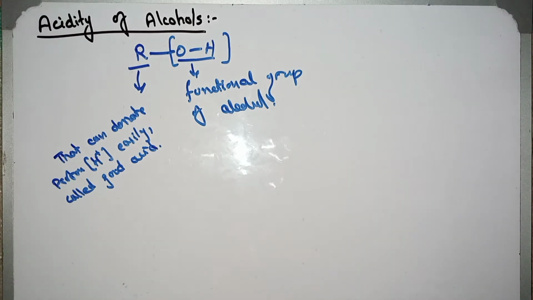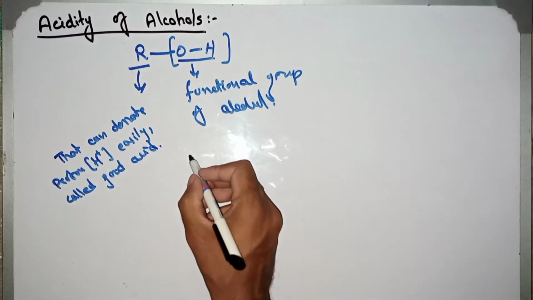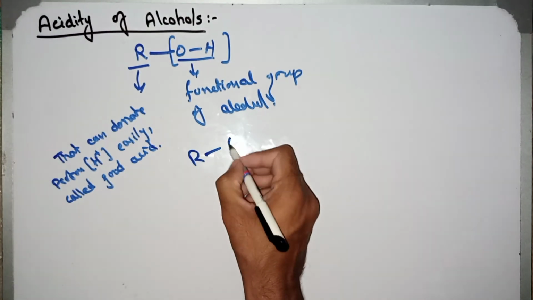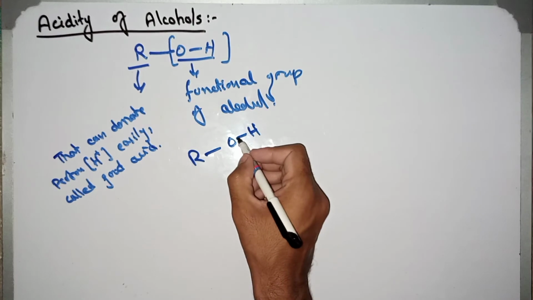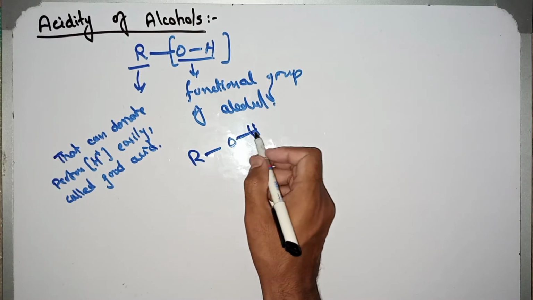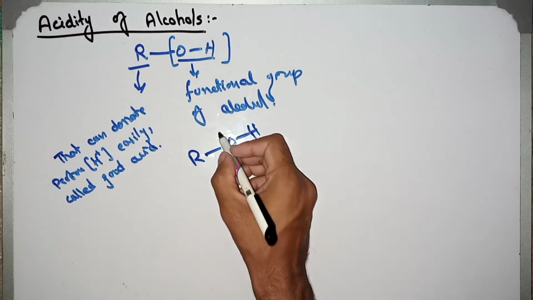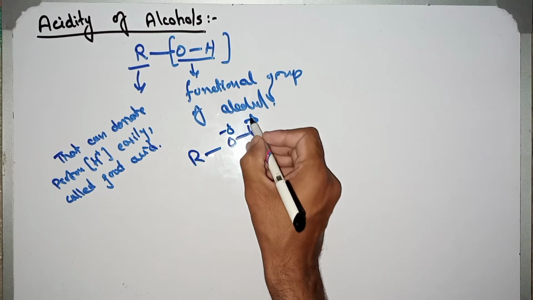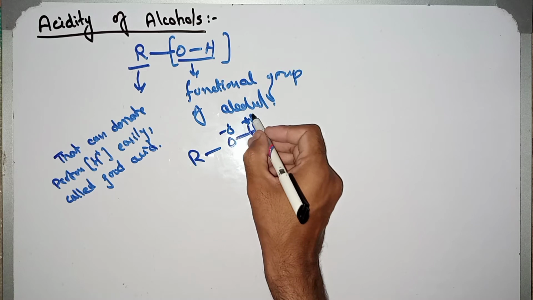So in case of acidity of alcohol, where there are ROH groups, the OH bond is present. As the OH bond becomes more polarized, it means that this bond will break easily.